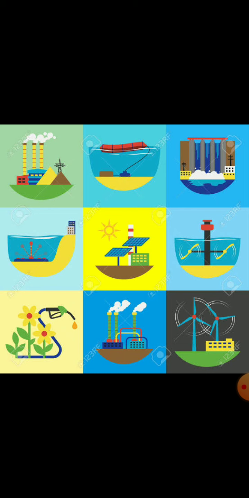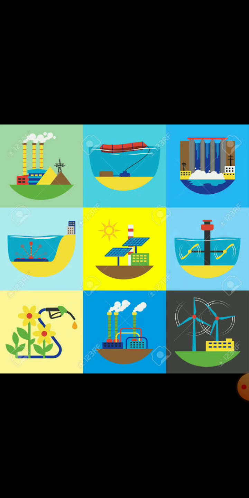We have talked about conventional sources of energy as well as non conventional sources of energy. Now let us talk about consequences of these sources of energy on the environment. We have learned conventional sources of energy like fossil fuels, thermal energy, hydropower energy.